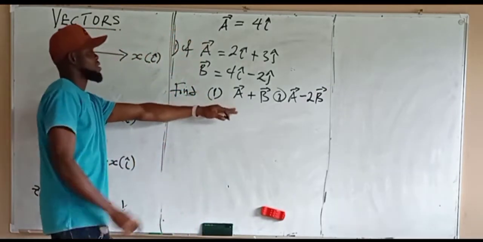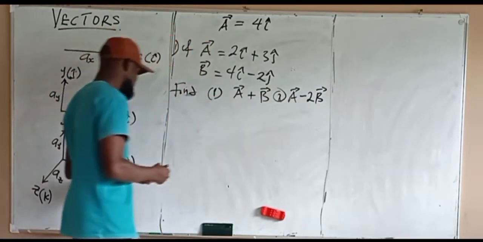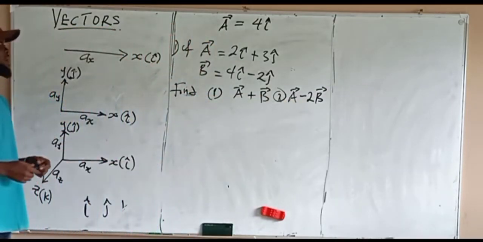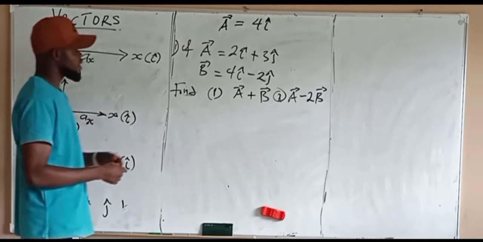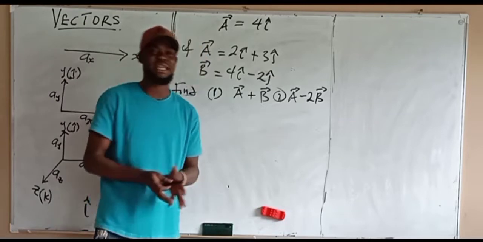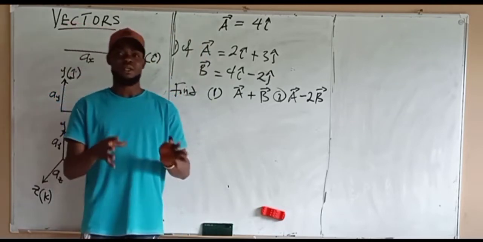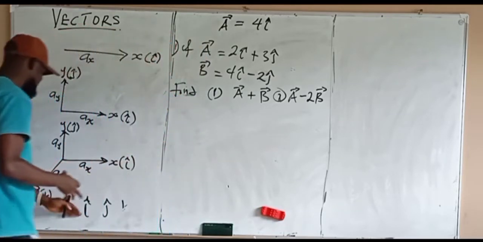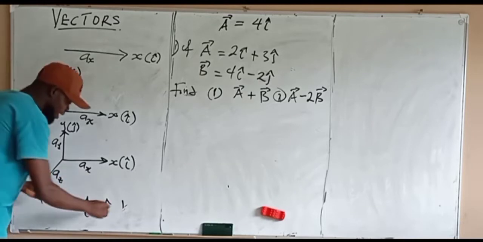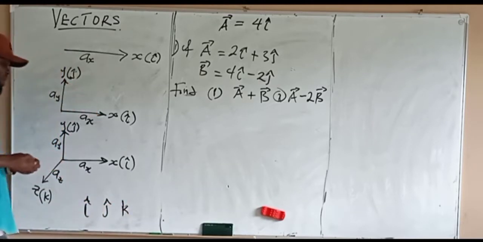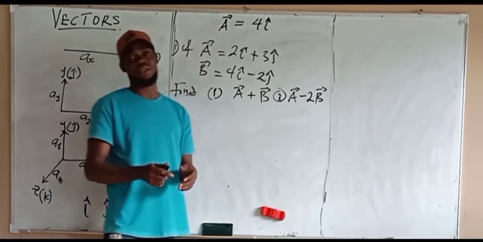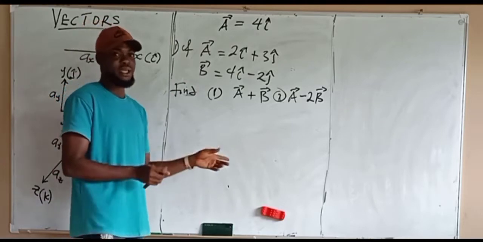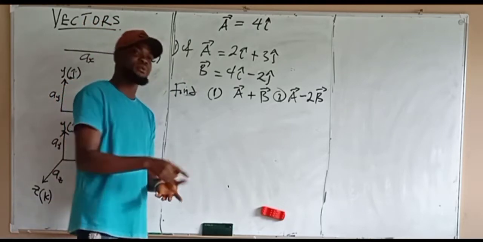So let's do this and this. We have to run this vector algebra. Now, if you want to run this vector algebra, you add vectors with the same unit vectors only. Remember we have the I, J, K. So you add I to I, J to J, K to K. Ensure you don't add vectors that don't have the same unit vectors together. You add only the magnitudes of vectors that have the same unit vector.